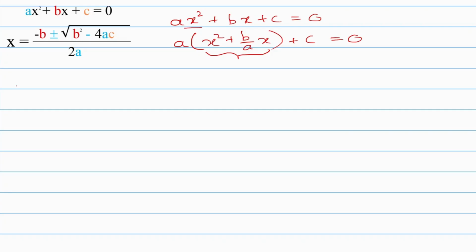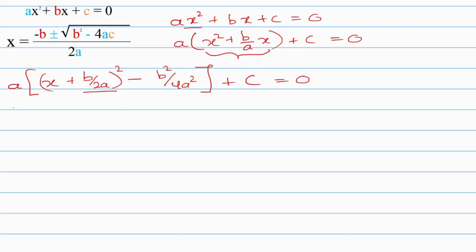So when we do that, we get a, x plus b over 2a squared, minus the square of this part, so that's b squared over 4a squared, close the bracket, plus c, and that's equal to 0.